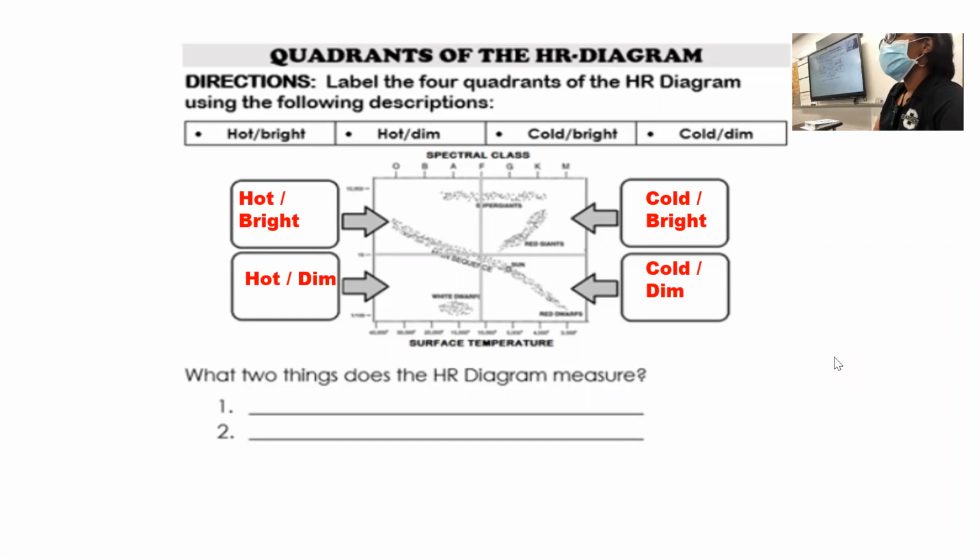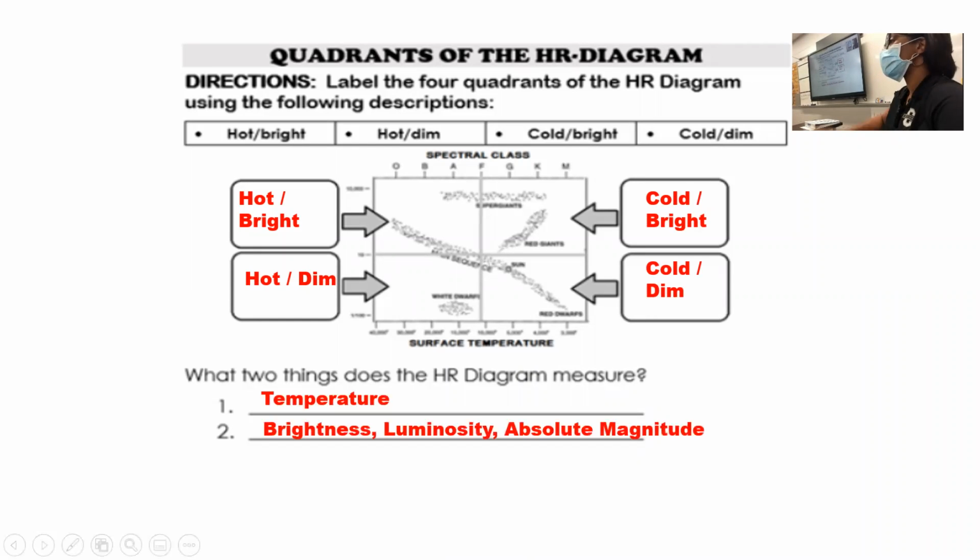What 2 things does the HR diagram measure? Temperature and brightness. So I just put all 3 options. Please do not write all 3. I just put the other terms for brightness, luminosity, and magnitude. You do not have to write all 3.